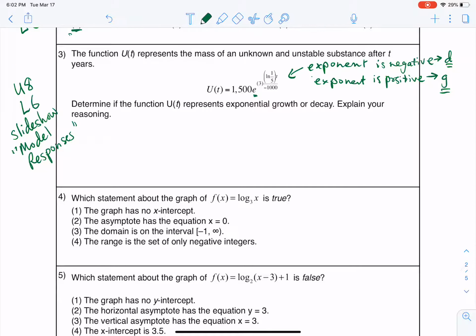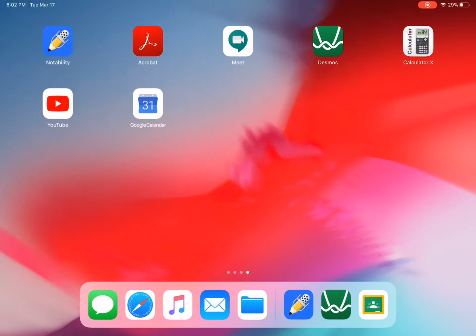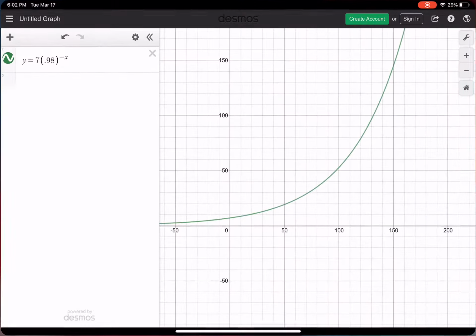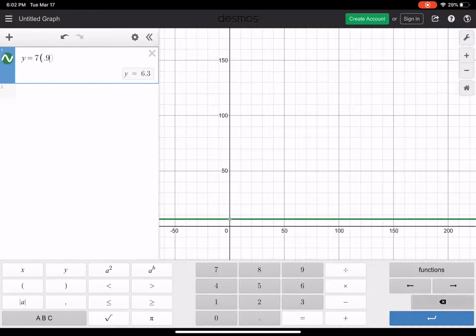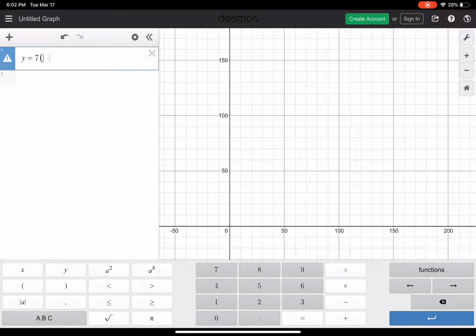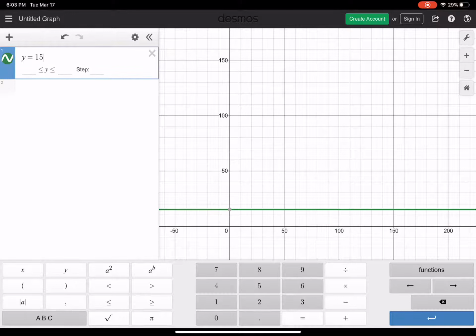Okay, so again, I would, if I were you, go into Desmos and look at that graph. Now, one thing to be careful of there, if I go into Desmos and I type in that equation as it's given to me, all right, so y equals 1500.